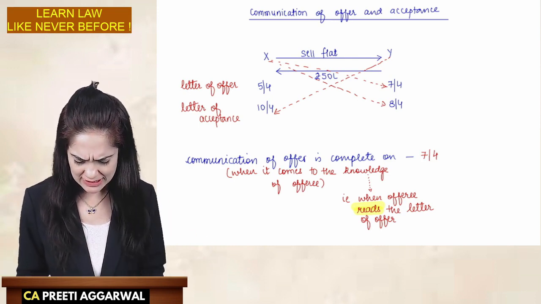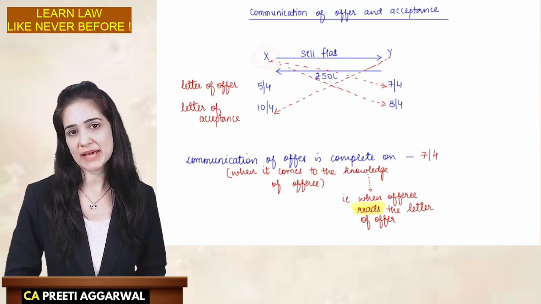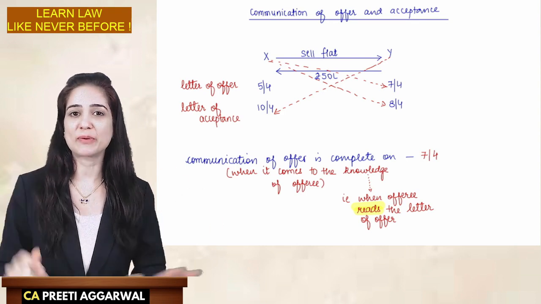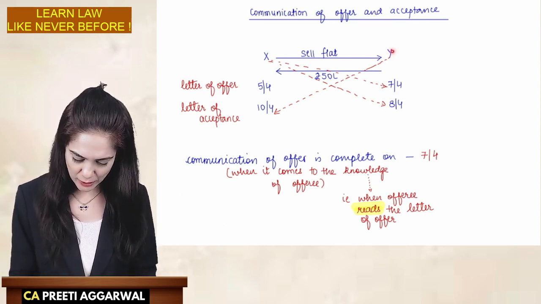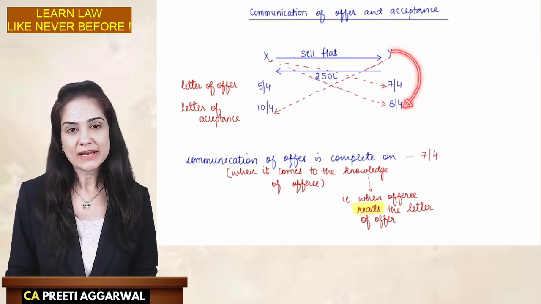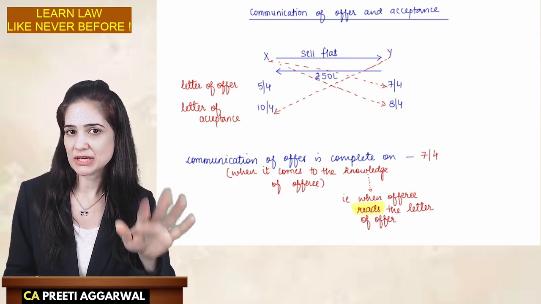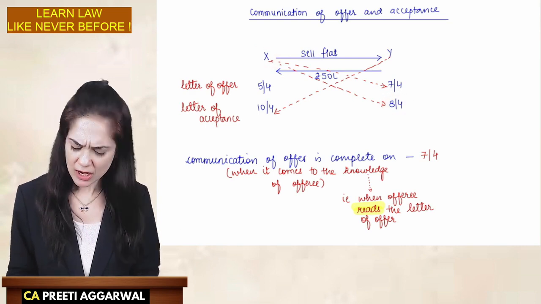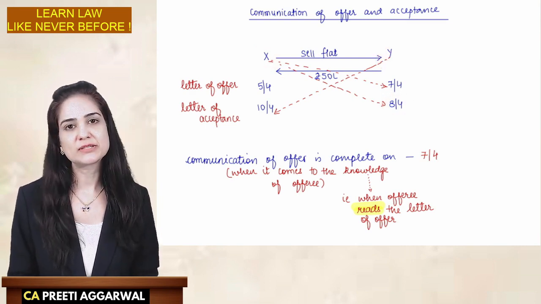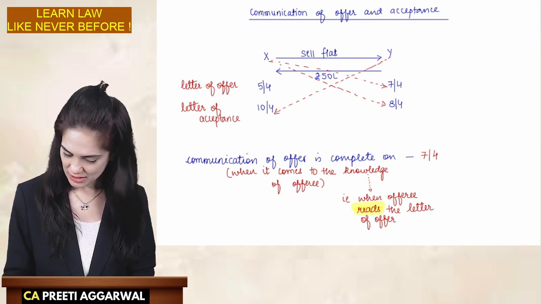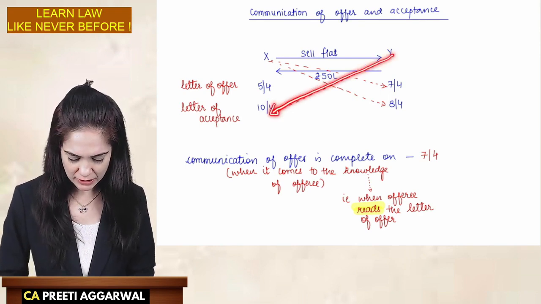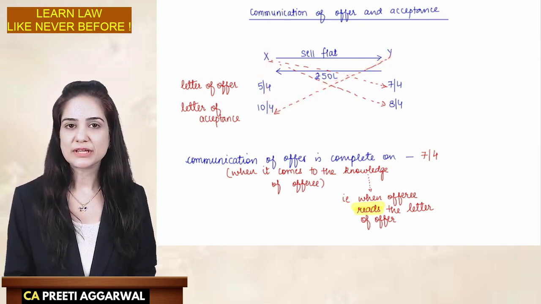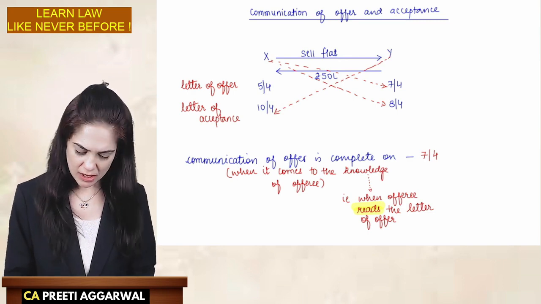When is acceptance complete as against X? When can we say that a contract is made for X? When Y posts the letter. It is put in the course of transmission. So for X, contract is made on 8th April. When can we say that a contract is made for Y? For Y, the contract is made on 10th. That is when the letter reaches X.